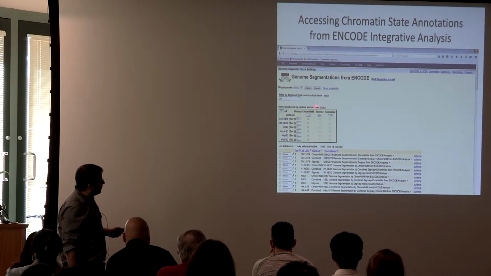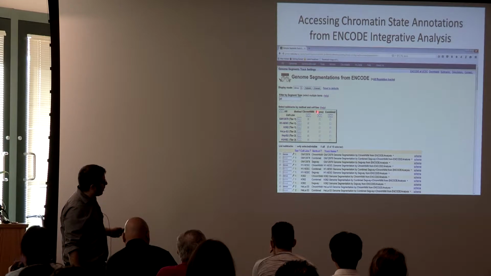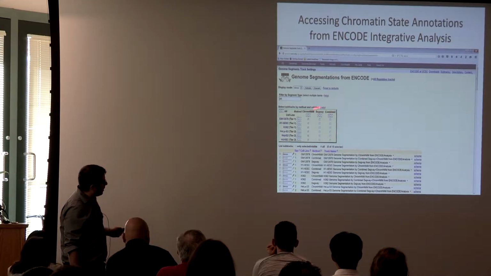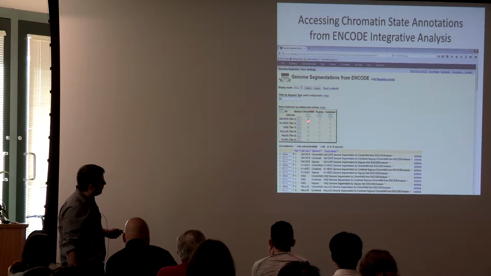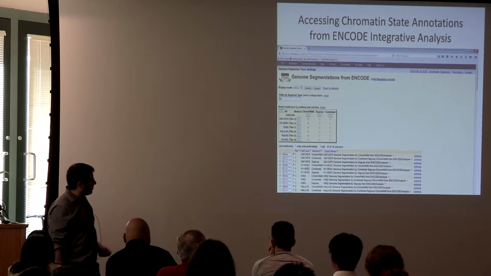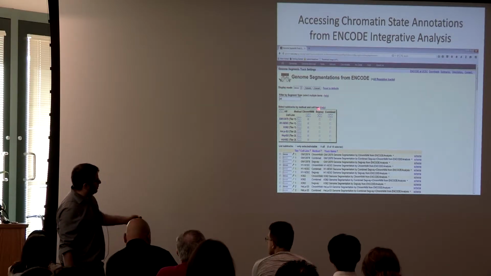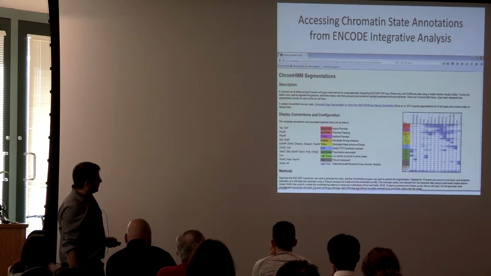There's another alternative method, Segway, by a group at the University of Washington. And then we had a simplified attempt at merging the two. But in general, I tend to use the ChromHMM segmentations. Just letting you know that that's going to be available.